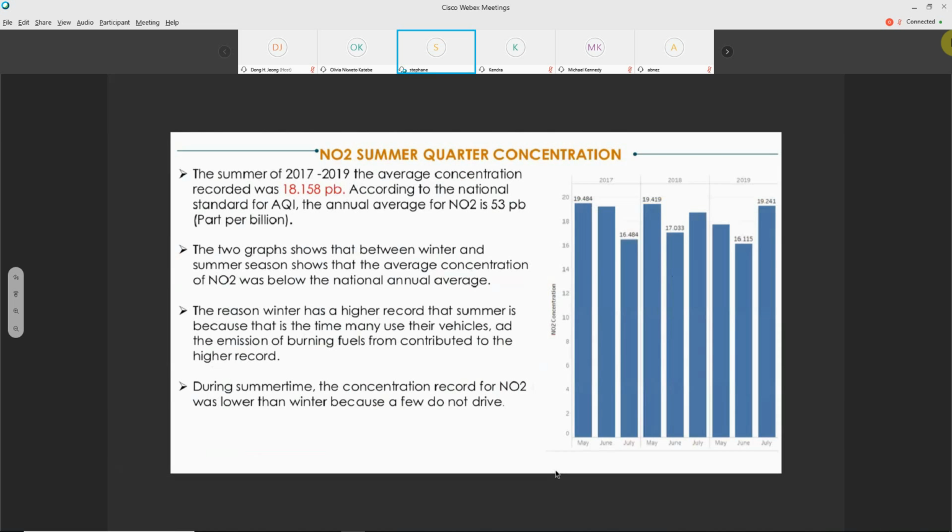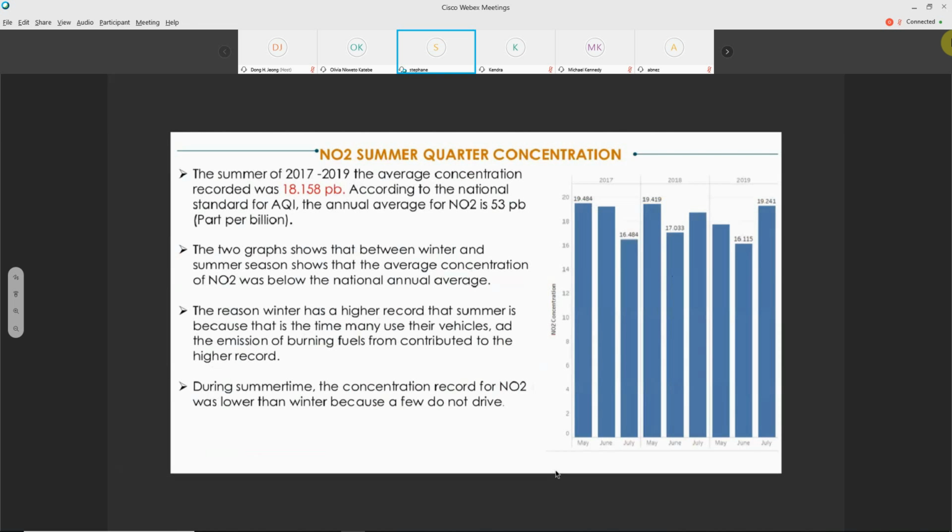The two graphs show that between winter and summer season, the average concentration of NO2 was below the national average.